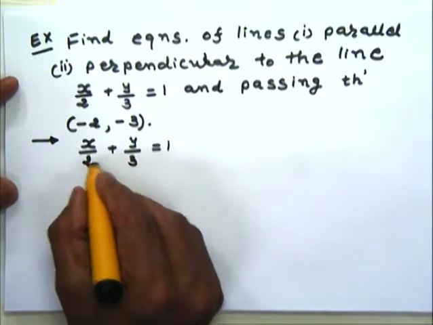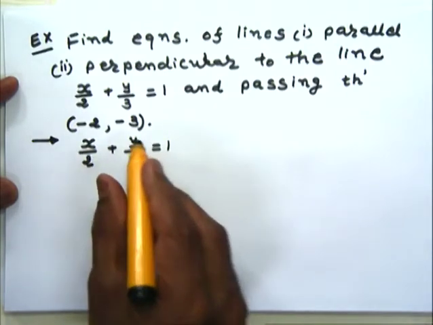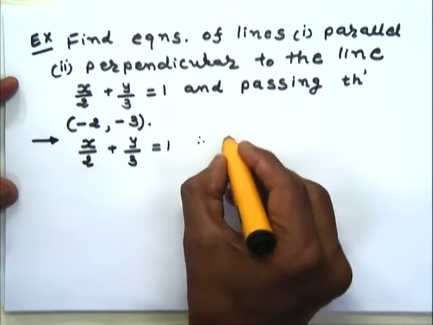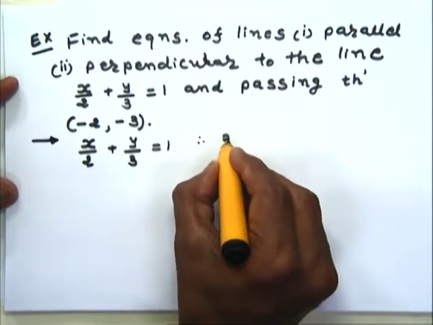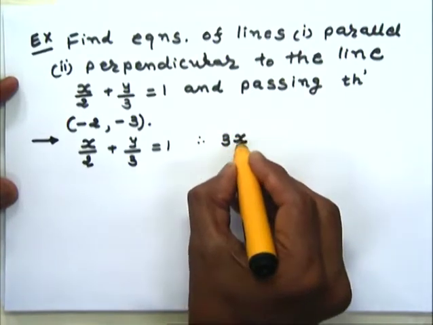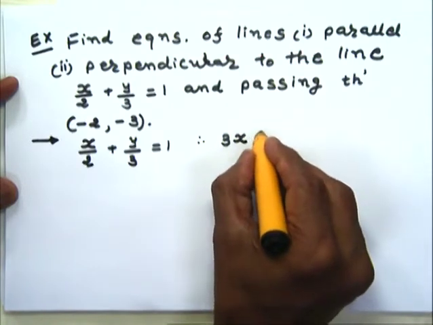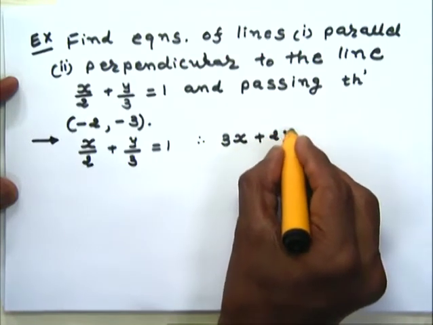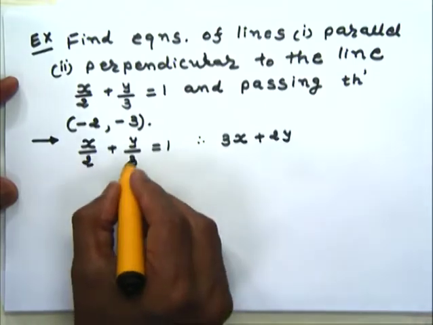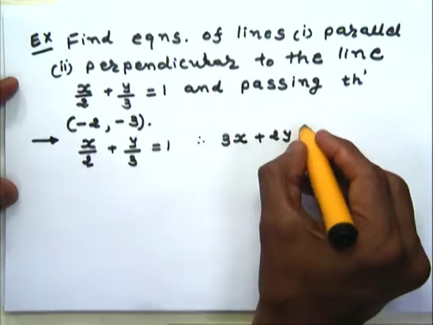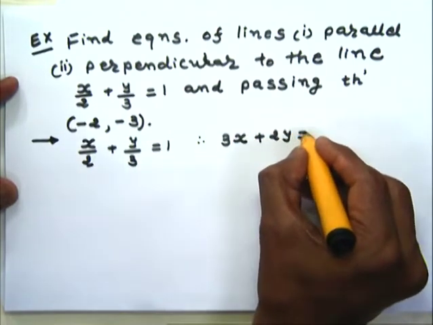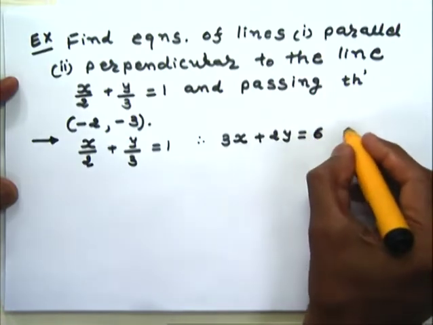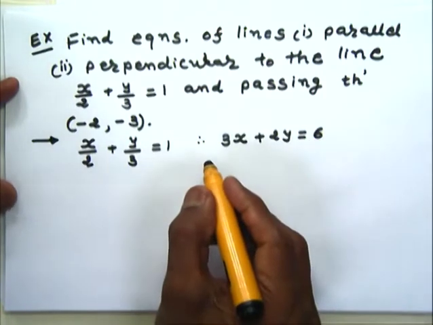Take LCM and simplify. That leads to 3x plus 2y is equal to 6, the resulting equation.